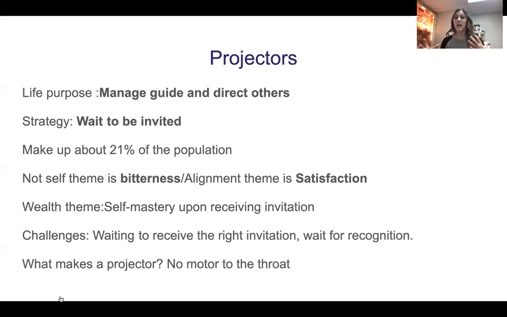Like a manifestor, they take in energy from generators and people around them who have motors, because that's how they're designed. If they live with a generator of some type, they can show up like a generator. This is where they have to be careful and know when to quit. That's their challenge: do I know when enough is enough?